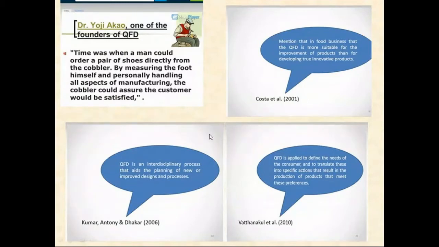QFD is applied to define the needs of the customer and to translate these into specific actions to be taken. That is what QFD defines, along with what will be the result of the production of these products when we meet the customer's requirements. When it was implemented, it was found to be very successful.